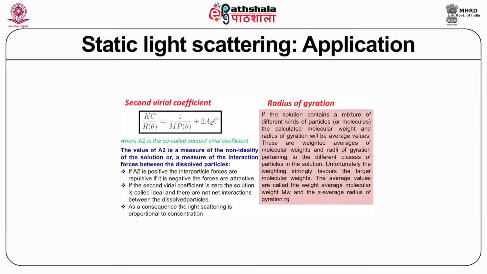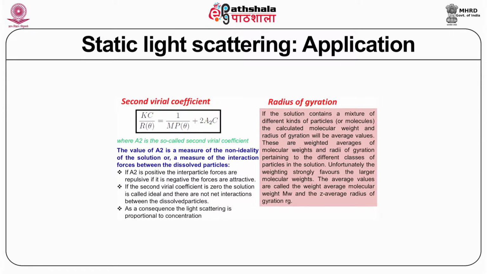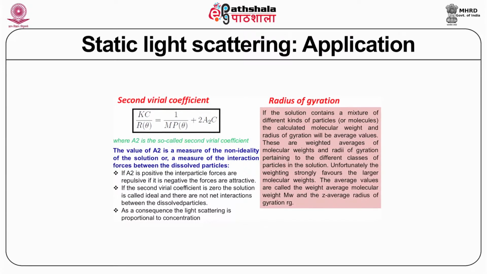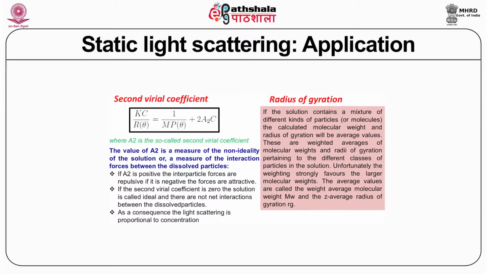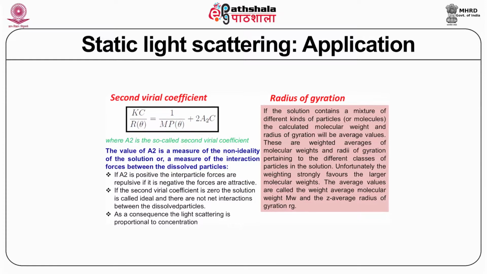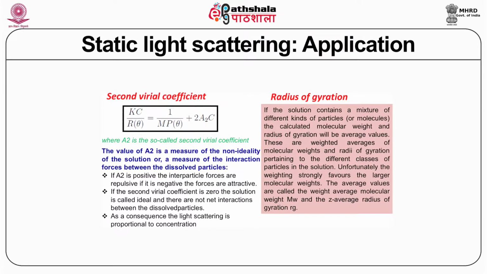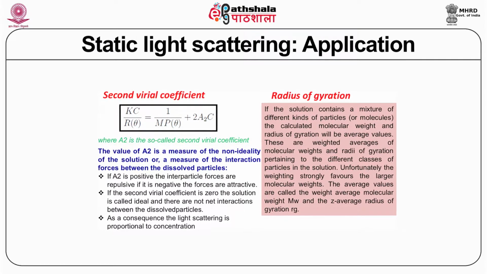The other application is the measurement of the second virial coefficient and the radius of gyration. The second virial coefficient is expressed as Kc by R theta equals 1 by Mw P theta plus 2 A2 C, where A2 is called the second virial coefficient. The value of A2 is a measure of non-ideality of the solution or a measure of interaction forces between the dissolved particles.